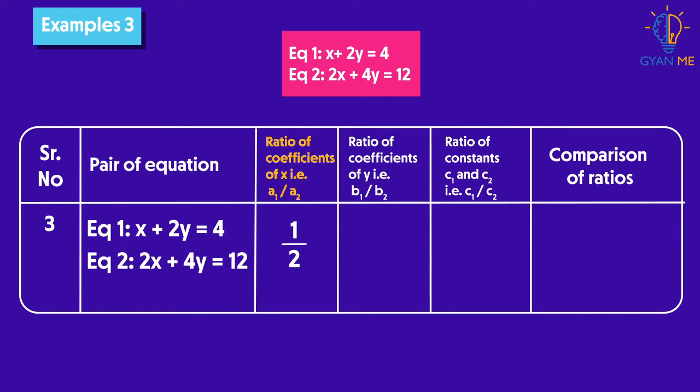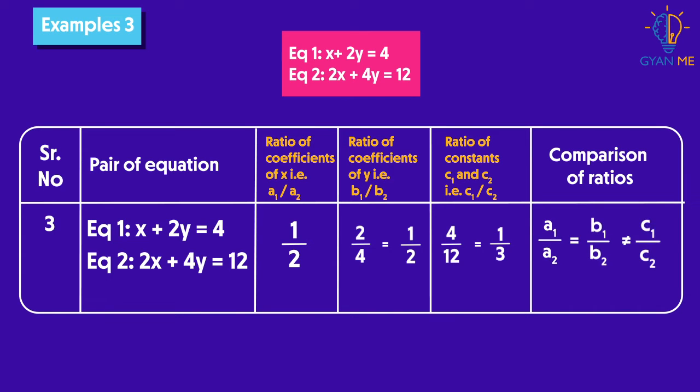And when we take the ratio of coefficients of y, that is b1 upon b2, we get 2 upon 4, which is equal to 1 upon 2. And when we take the ratio of constants, that is c1 upon c2, we get 4 upon 12, which is equal to 1 upon 3. Here, the ratios of coefficients are equal, but the ratio of constants is not equal to them, and hence the pair is inconsistent and has no solutions.